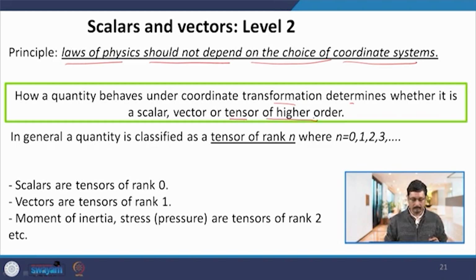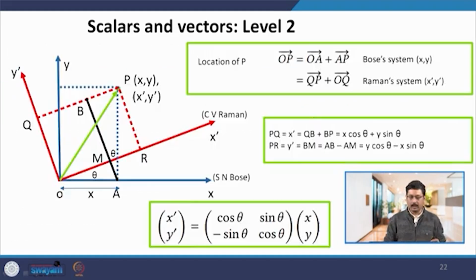Now, what do I mean by all these things? Let us illustrate these concepts through an example. Suppose there are two friends S.N. Bose and C.V. Raman, and they are trying to locate a point P, could be the location of a house.